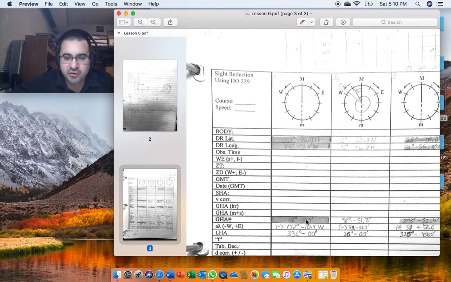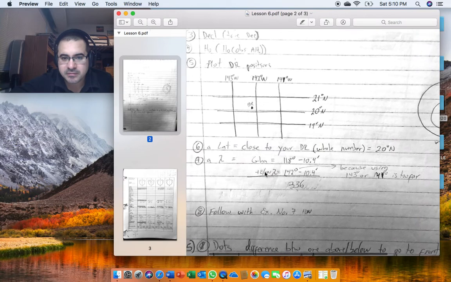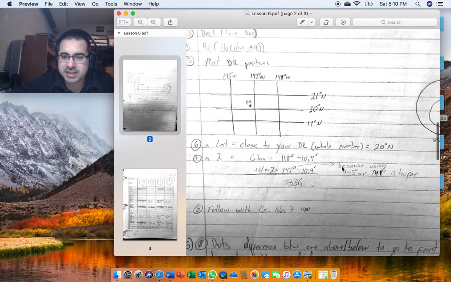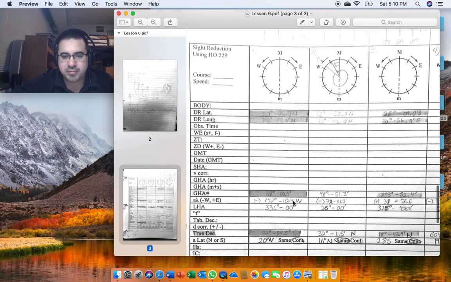So for west, if you look at the problem here, we circle it and drop those 10.4. We are going to drop 10.4, and this is going to become 0.